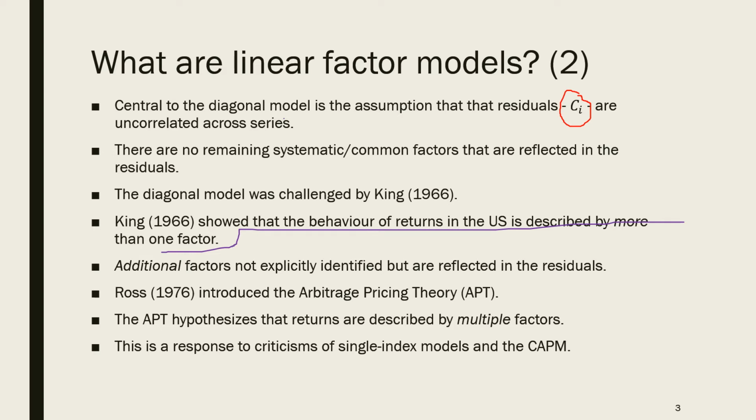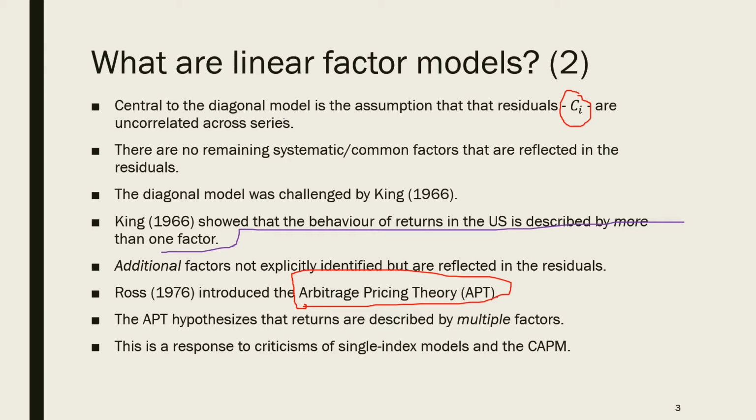So, as a response to his criticism of the diagonal model, that the diagonal model is concerned only with one variable, Ross formalized and introduced something called the arbitrage pricing theory. And the central concept or tenet of the arbitrage pricing theory is that there are multiple variables that move stock prices and the stock market.